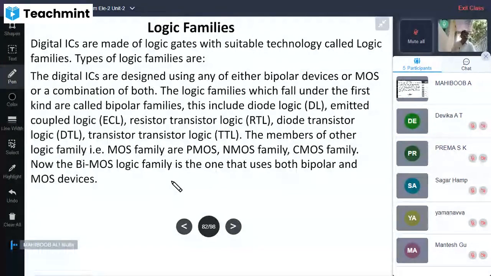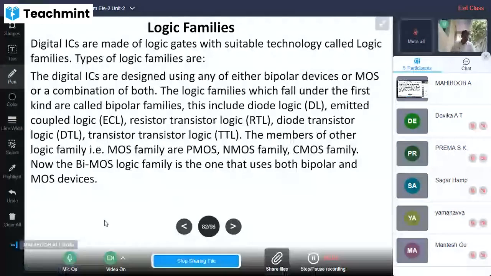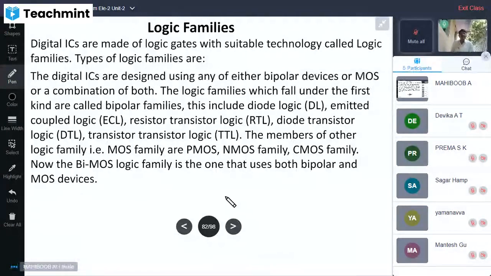DTL, diode transistor logic. Next, TTL, transistor transistor logic. As the improvement in the technology, because of power consumption, space for fabrication, compactness, economy, etc., lastly they come to final stage, that is TTL logic family. Even TTL are somewhat large in size compared to MOS.